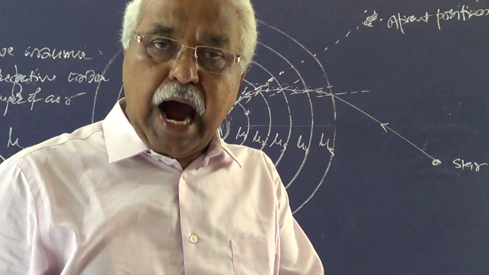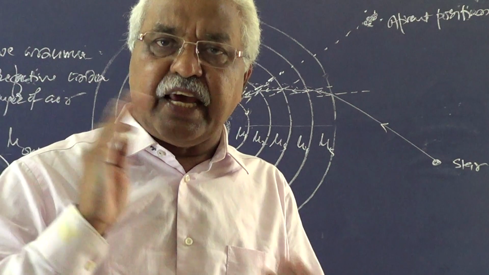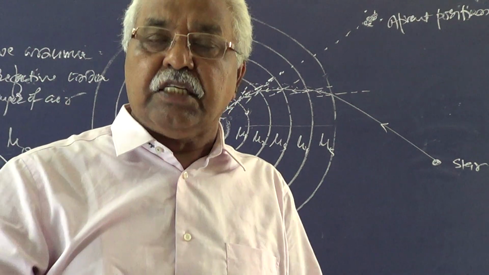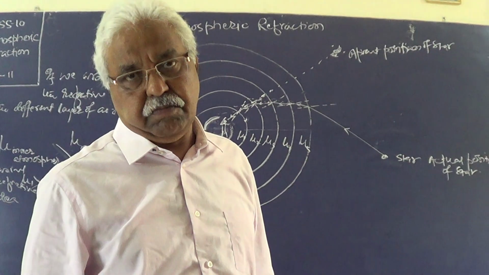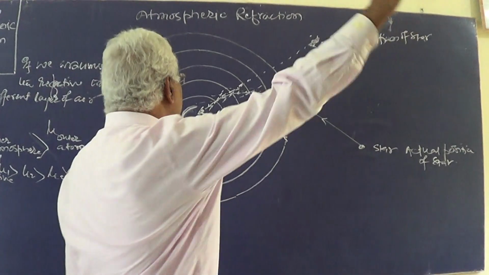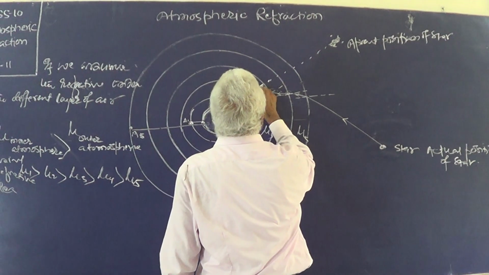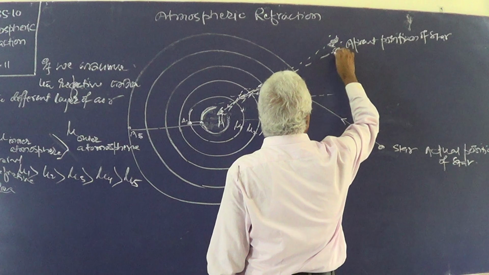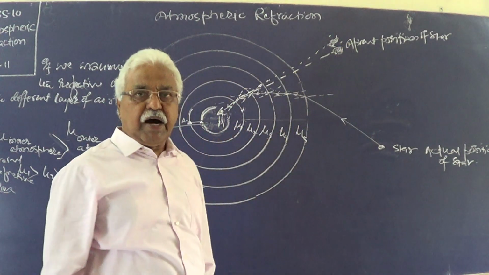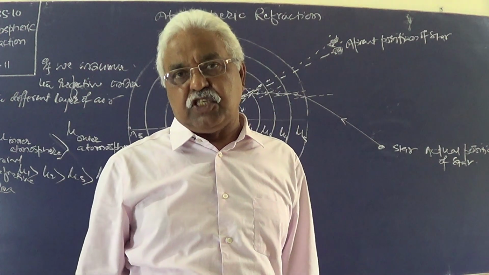Now what happens? After some time, due to the movement of the air, due to change in temperature, the medium changes their refractive index. और उसके बाद यही स्टार यहां से आने मालूम पड़ता है. थोड़ी देर बाद फिर वो चेंज करता है अपना पोजीशन.